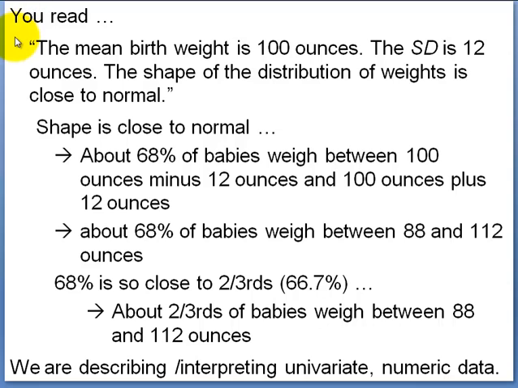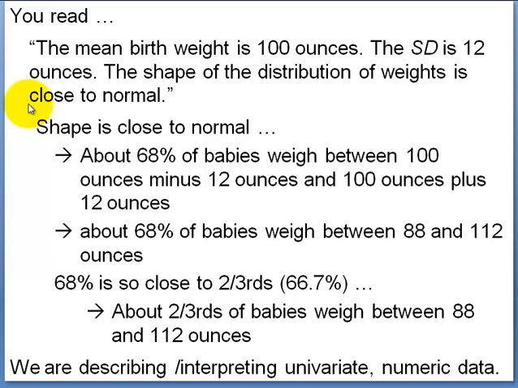Well, we've done some work on central tendency, on variability, and now on shape of distribution. Let's just quickly put that work together in an example. Suppose that you read that the mean birth weight is 100 ounces, the standard deviation is 12 ounces, and the shape of the distribution of birth weights is close to normal.